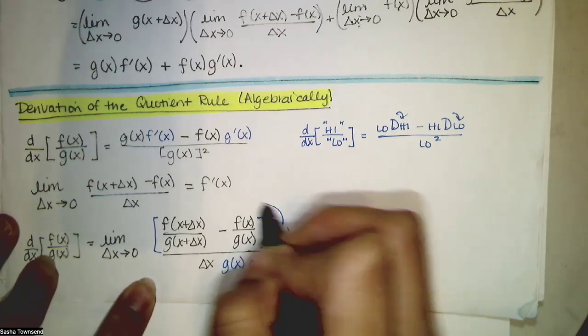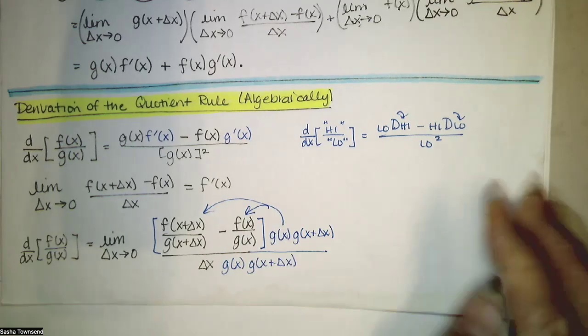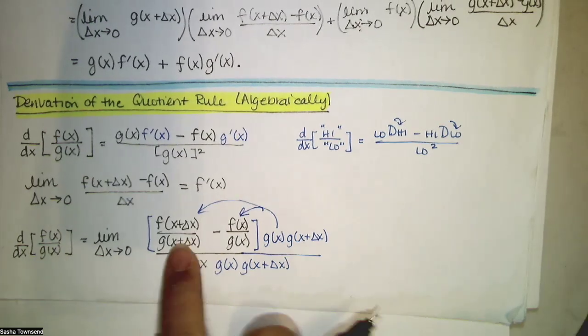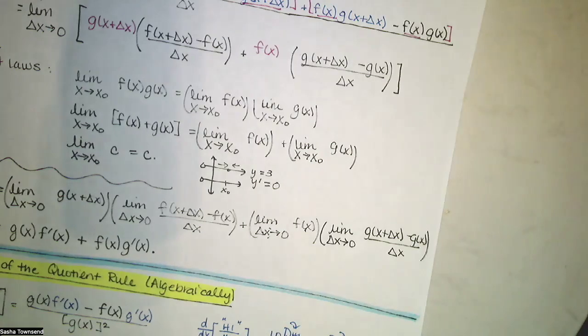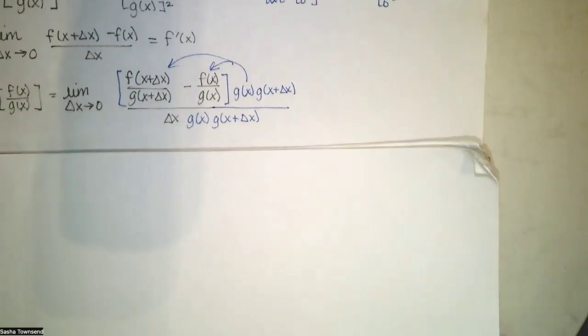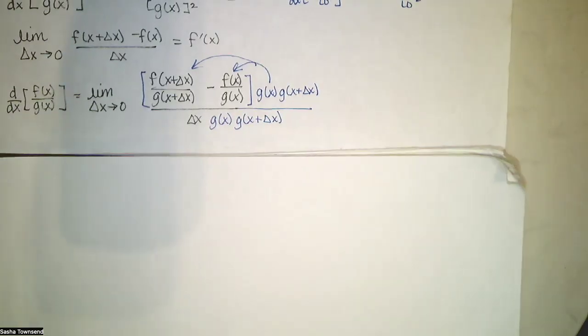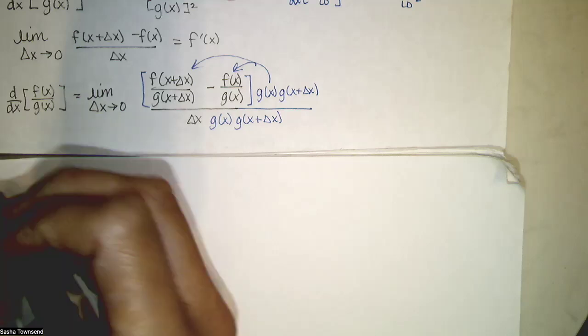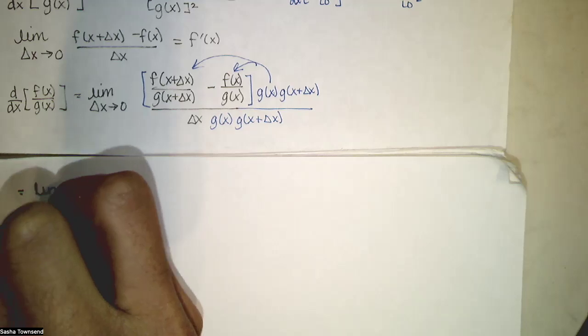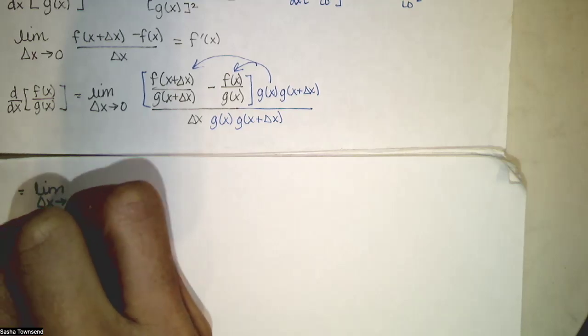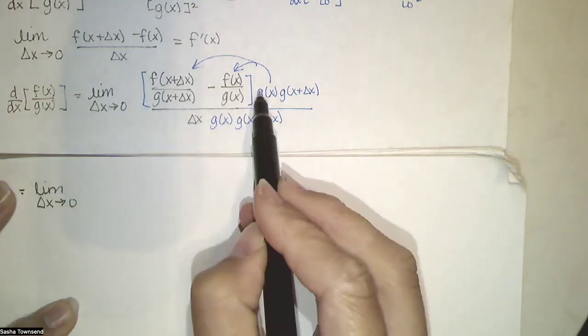So this has two terms. We're going to distribute, and when we distribute, that's going to clear the fractions in the numerator. All right, so I've got this right here. This equals the limit as delta x approaches 0 of this times this.